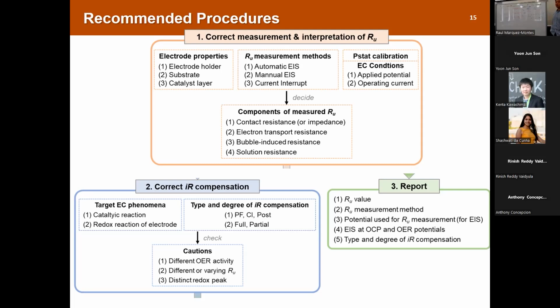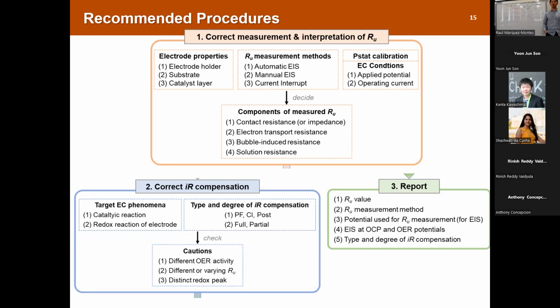If your material has a unique characteristic, like a phase transformation depending on the potential, you can do the impedance analysis at different potentials. Then you might see the RU value change with the applied potential. Then you do the IR compensation using the new RU value and see how that affects your electrochemical analysis. So you might observe different catalytic activity or different pseudocapacitance of your materials. So it's good to start with the impedance analysis and positive feedback.